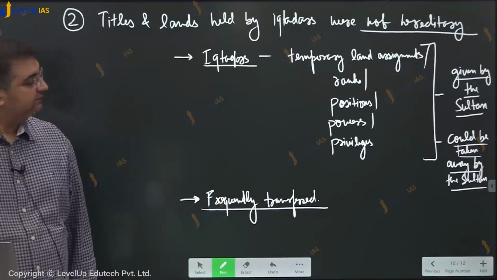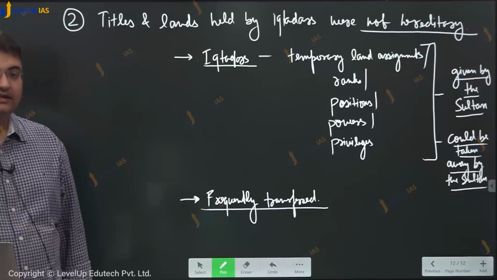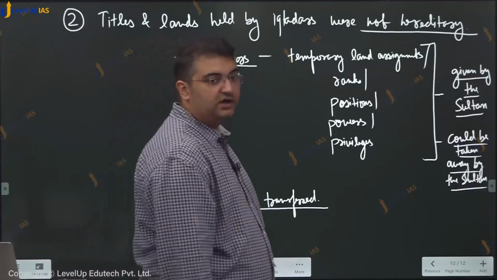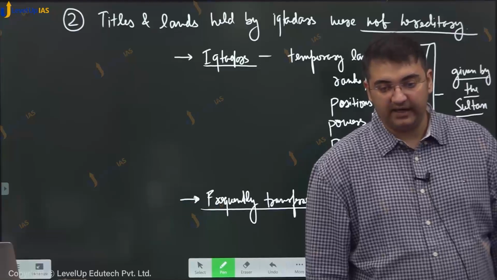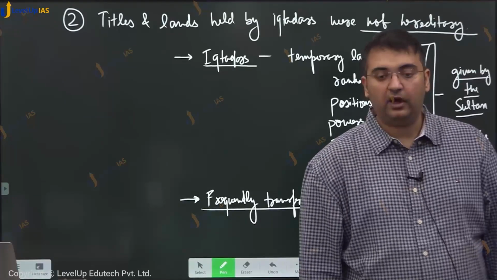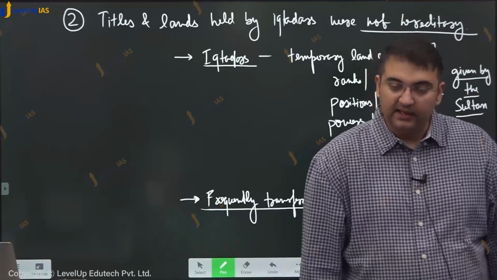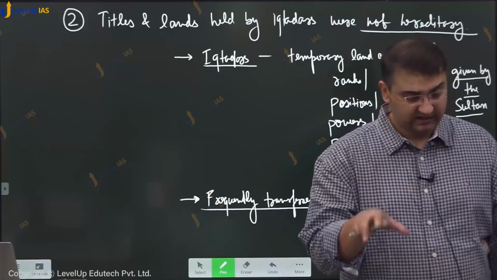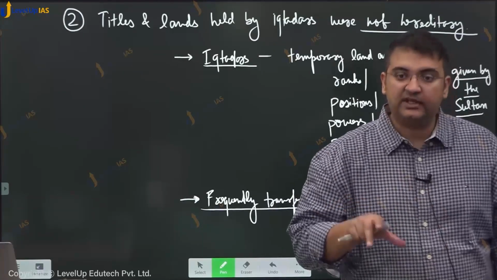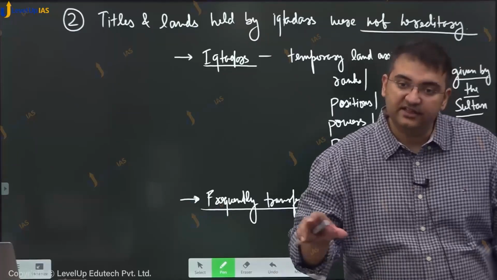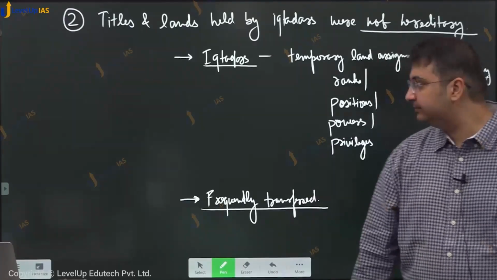Okay? So this means that their presence in a particular region could never attain the element of permanence. They were never able to consolidate their power in a particular region in any effective manner so as to challenge, to exclude the Sultan's authority from being extended to that region.